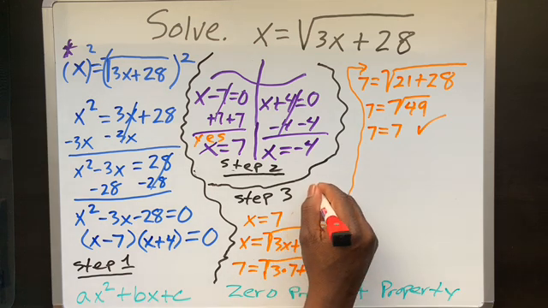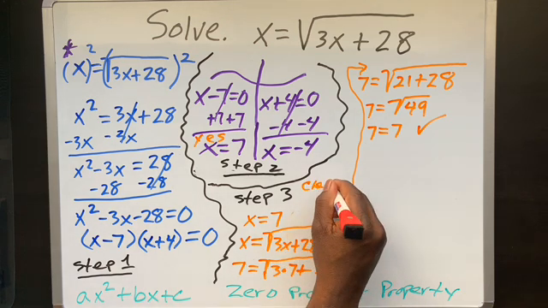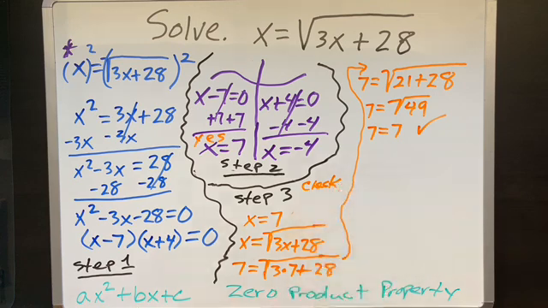And I'm going to write in here check, just so you know that's what we're doing. Now let's check what we get when we let x equal -4. And I think I'll use a different color for that. Let's see what we got here.